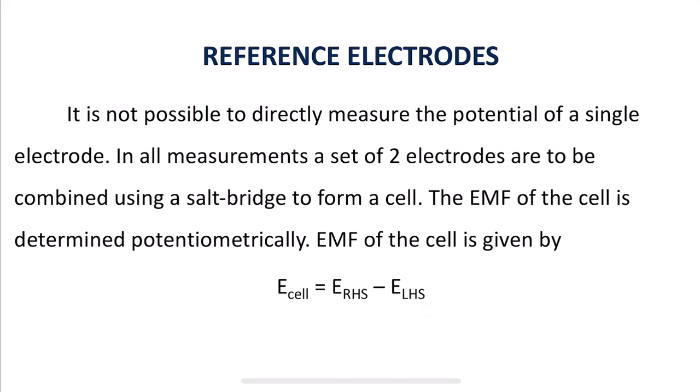One such reference electrode is called the calomel electrode. We all have heard about the calomel electrode. The potential of this electrode is first determined using the primary electrode, which is called the standard hydrogen electrode.